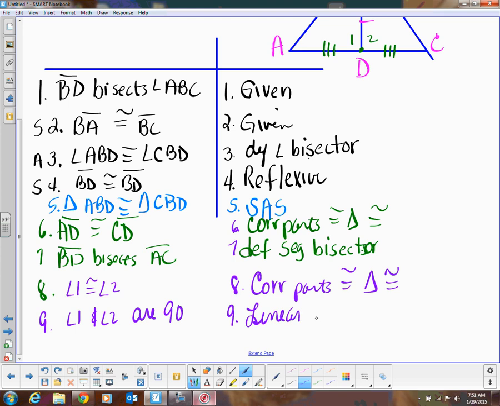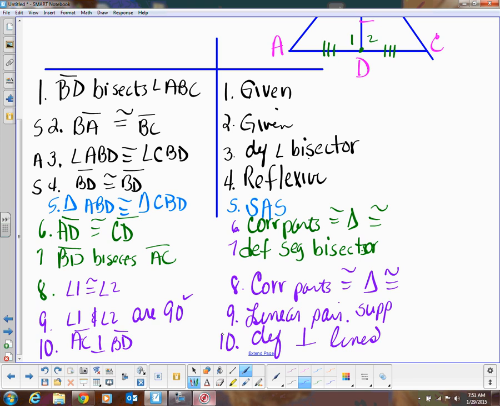Does that make sense? If linear pair angles are supplementary and they're congruent, don't they both have to be 90? So why is AC perpendicular to BD? What have we established? Definition of perpendicular lines. We've established our right angles. That was a nasty one.